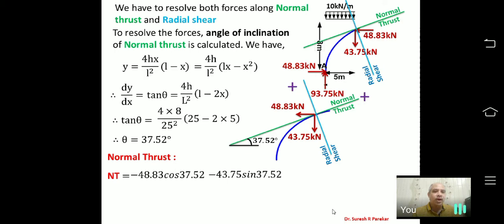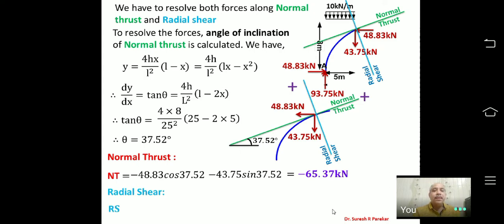So the angle along normal is cos, and for 43.75 the angle is with radial shear, so we have sine when calculating normal thrust, and we have this value minus 65.37 kilonewton. That means it is acting in the downward direction. That shows your minus sign.